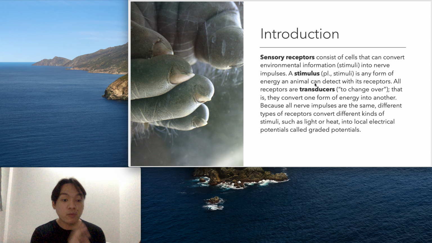They convert one form of energy into another. Okay, and all nerve impulses are the same. They are different types of receptors and convert different kinds of stimuli, such as light or heat, into local electrical graded potentials. We call them graded potentials.